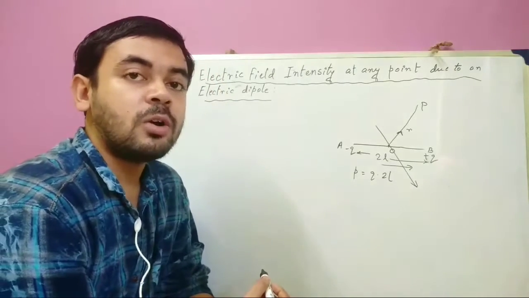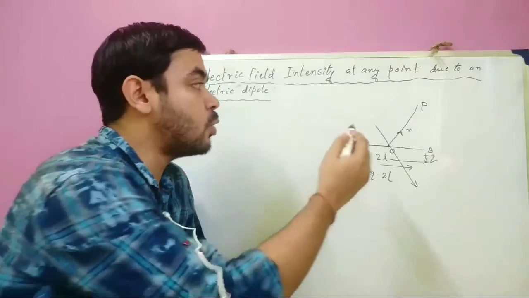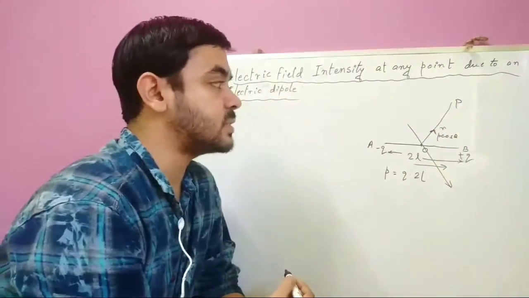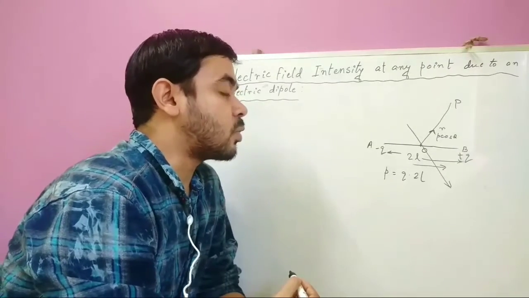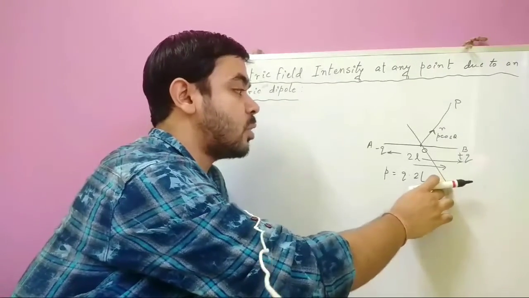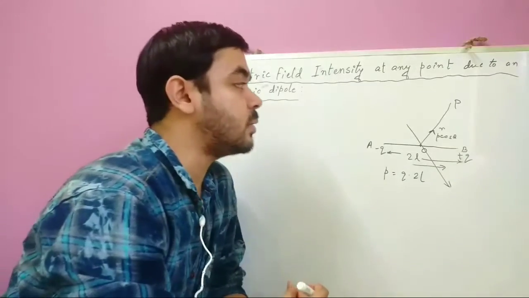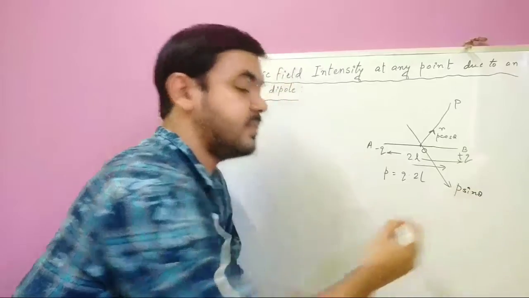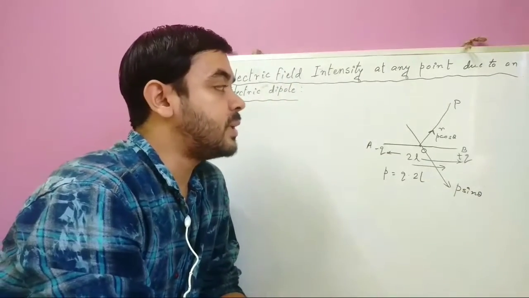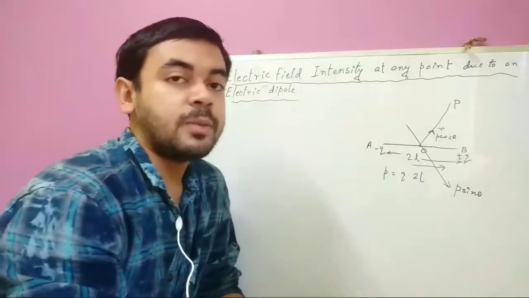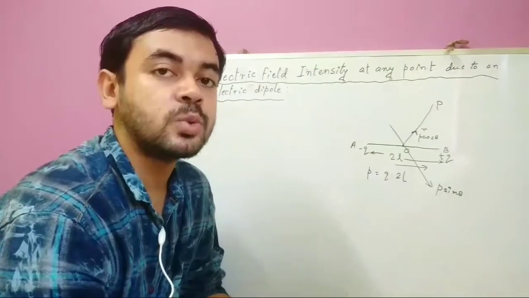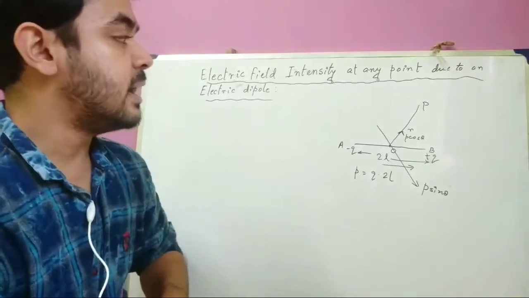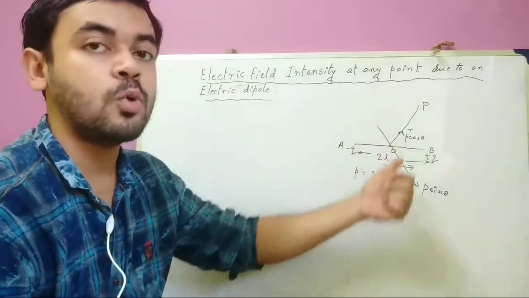The component of electric dipole moment along OP is P cos theta, and the component perpendicular to OP is P sin theta. So one is P cos theta along OP and the other is P sin theta in the perpendicular direction to OP.